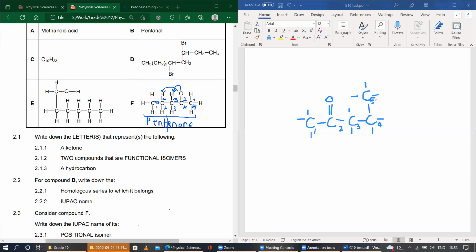But now the chain is no longer the same. Basically, oh, I'm sorry, this is not right. It's going to be somewhere around here. This carbon has to be moved to here.